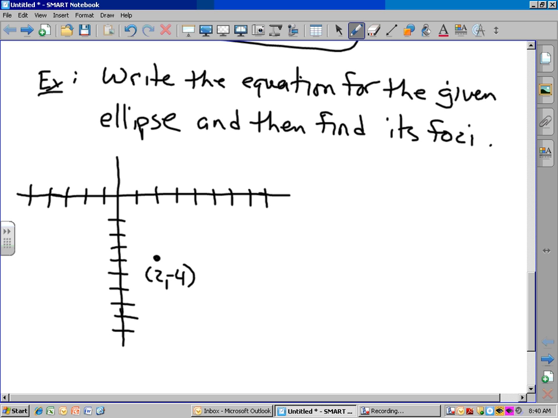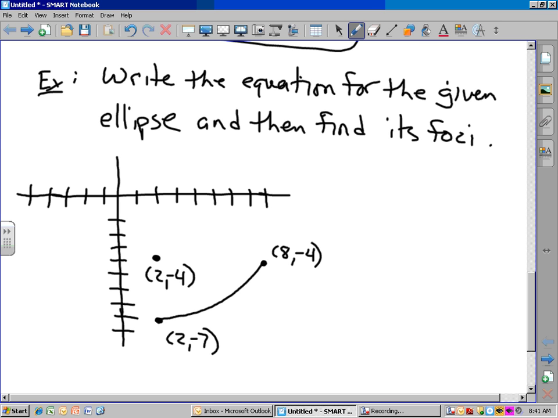That's the center. I'm going to give you 2 of the vertices: (8, -4) and (2, -7). This is your center, this is the vertex, and this is the vertex. Basically, I'm giving you that much of the ellipse.